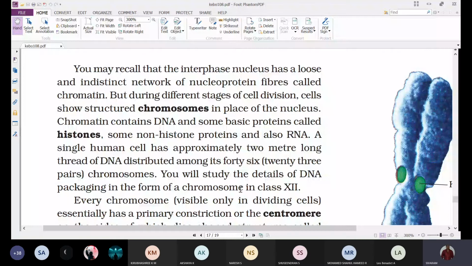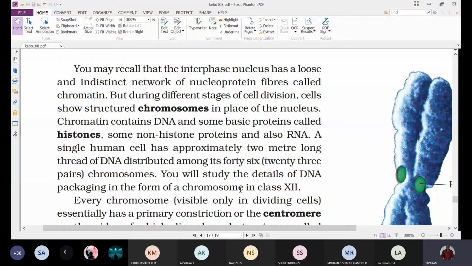And next, a single human cell has approximately 2-meter long thread of DNA distributed among its 46 chromosomes, or 23 pairs of chromosomes. So during cell division, we'll find 23 pairs of chromosomes.